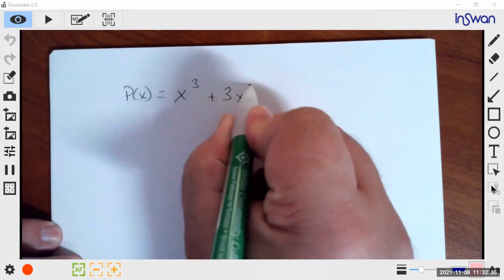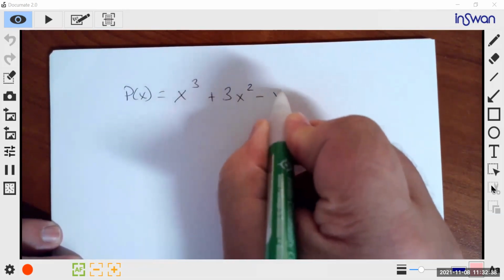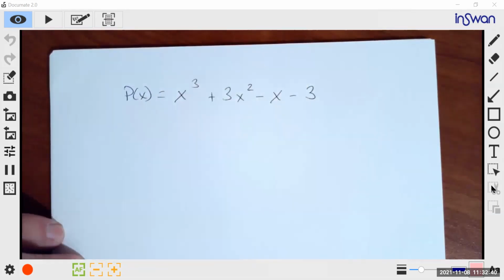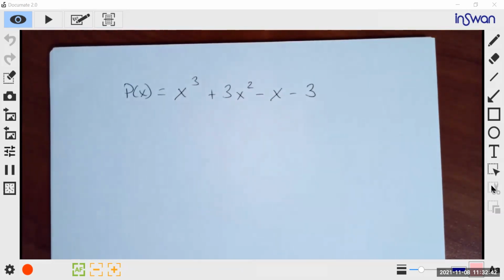Okay, solve this one and graph it for me. I shouldn't say graph it. Sketch the graph.